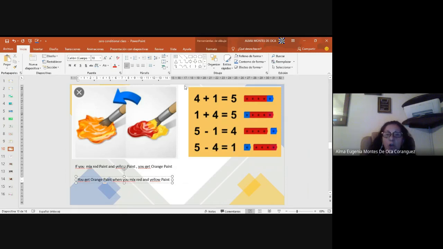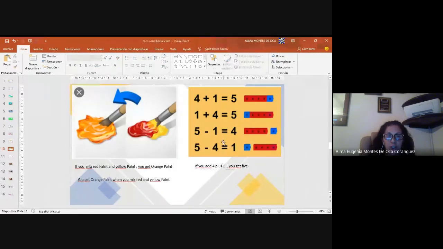This is always the same thing. Example: if you add 4 plus 1, comma, you get 5. It always happens the same, never changes. Remember, the zero conditional is for facts.